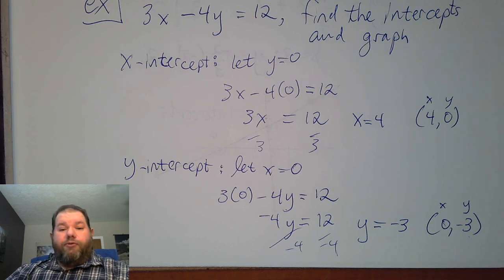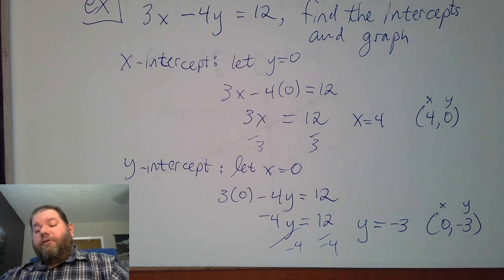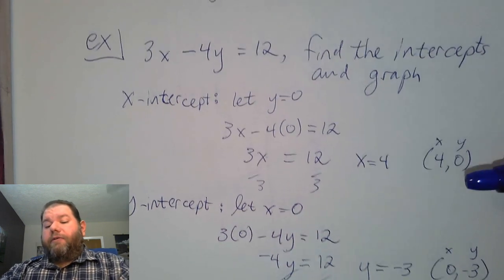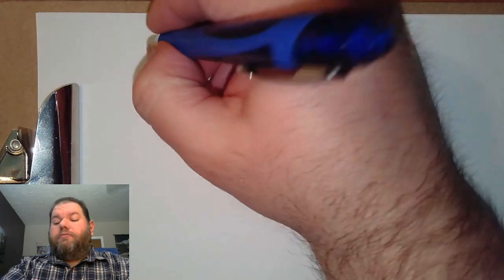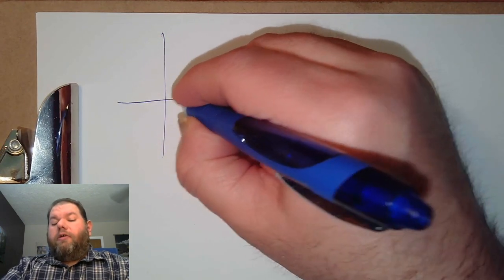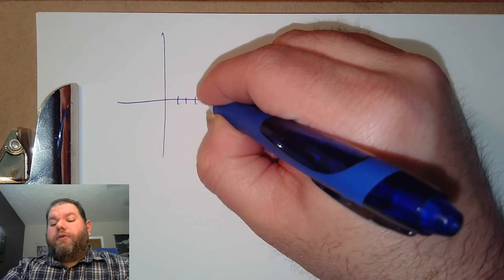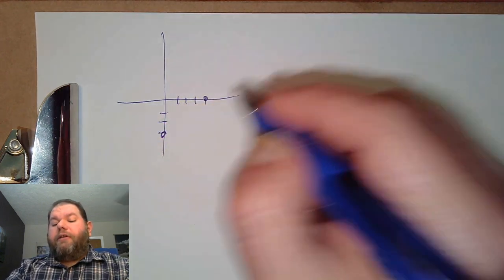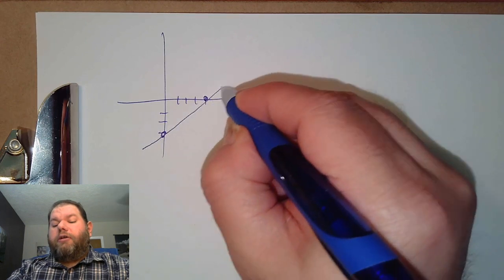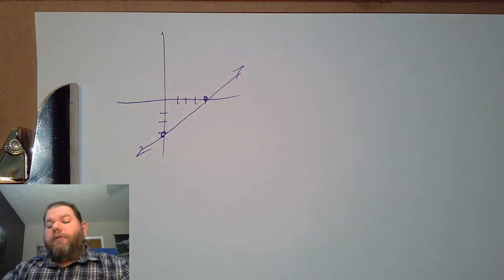Now we can take those 2 points and mark them on the graph, and that'll help us sketch the graph of the equation. So we have (4, 0) and (0, negative 3). (4, 0) is 4 to the right. (0, negative 3) is 3 down, and then we just draw our line connecting those 2 points.